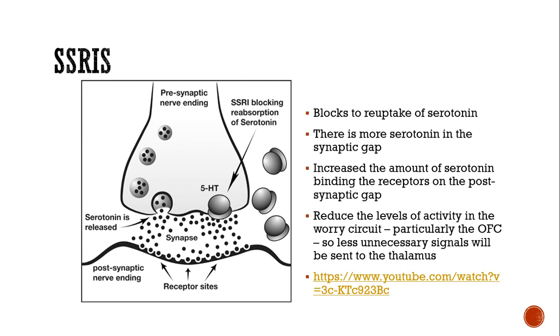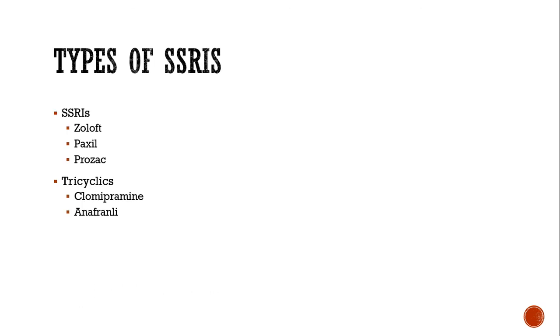If you know about synaptic transmission, all you need to know is that SSRIs block the reuptake of serotonin in the transporters, which means there's more serotonin in the synaptic gap, which means that more serotonin can bind to the receptors in the postsynaptic neuron and do the work, whatever they're supposed to do, be it excitatory or inhibitory, because of course neurotransmitters can be either, although generally serotonin is viewed to be inhibitory, but of course not always, so don't talk about that.